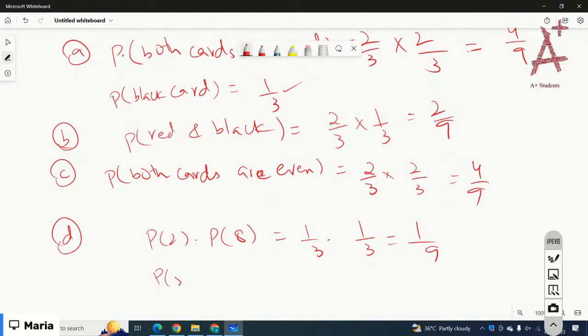Then the probability of 5 and the probability of 8, because 8 plus 5 is greater than 8, right? The probability of 5 is 1 over 3 and 8 is either 8 or 5, because both numbers can make the sum greater than 8. So it would be 2 over 3. So you have to multiply them, 2 over 9, right?